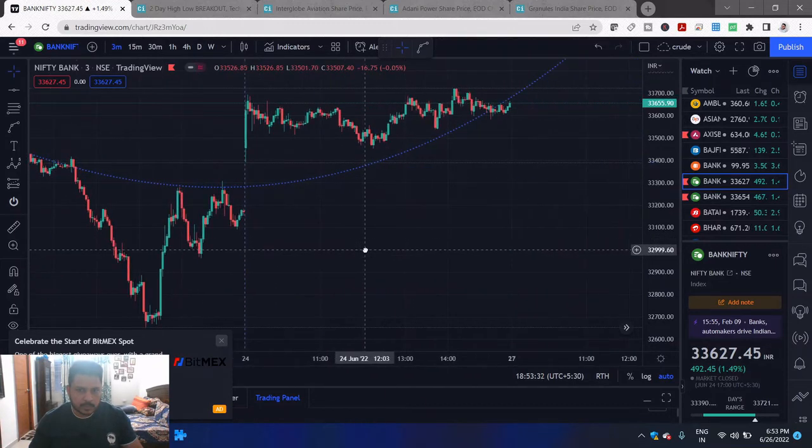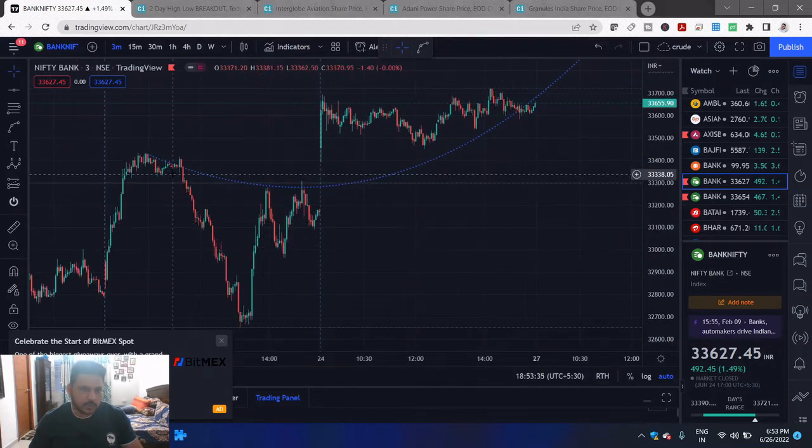Okay, so we are able to find some clue looking at the 3 minute time frame. So these were the peaks, and if we see, the market is still respecting this, but there is a breakdown here, so there is a possibility that it might break.